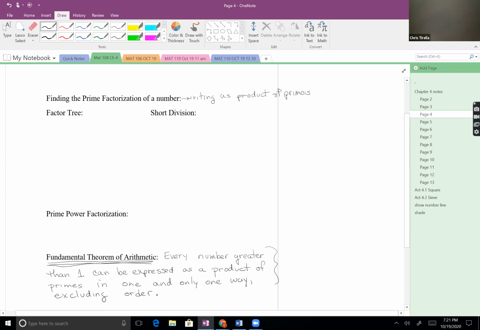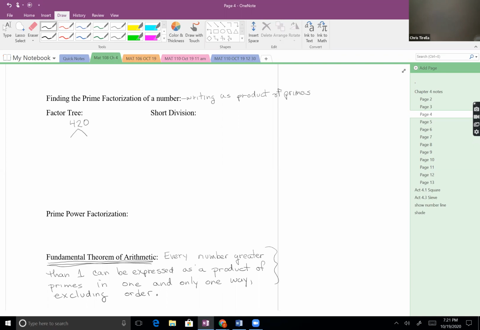And one way of writing a number as a product of primes is with a factor tree. So let me look at the number 420. In order to come up with a factor tree, I want to have any two numbers that multiply to 420.